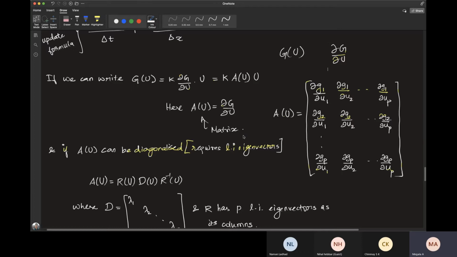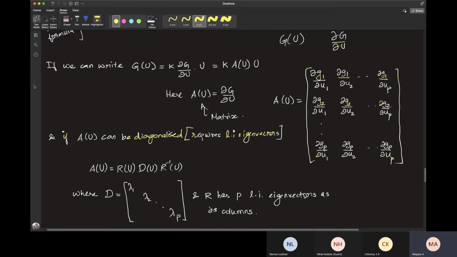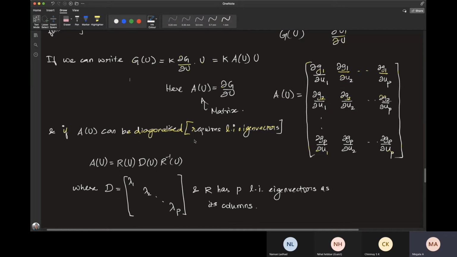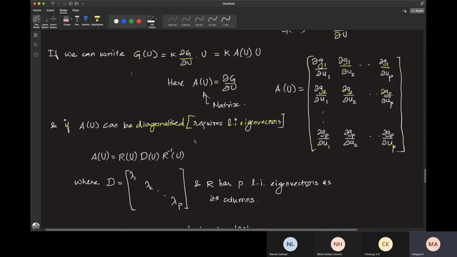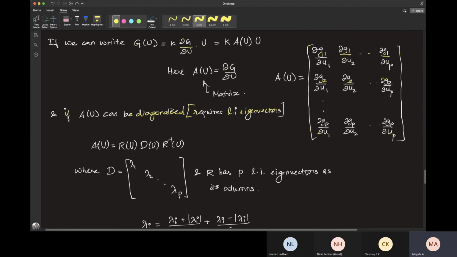Euler's system, that is mass, momentum, and energy conservation without viscous and diffusion terms, will satisfy this property. So now we have made these two assumptions. Both are quite reasonable assumptions.